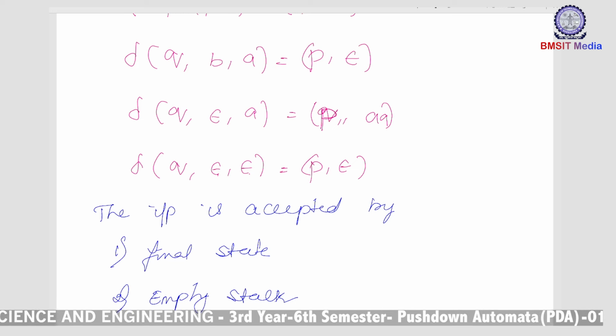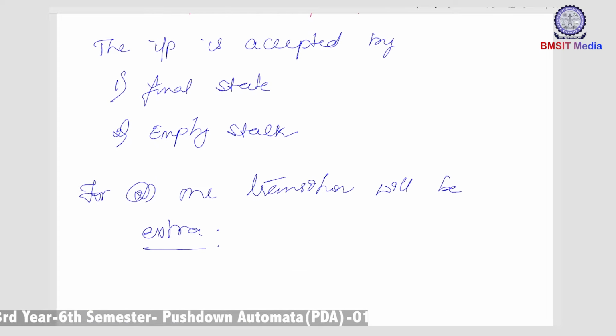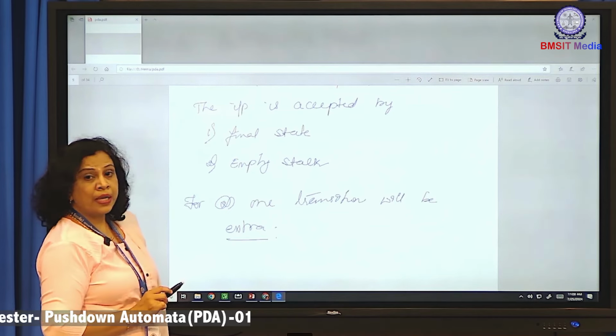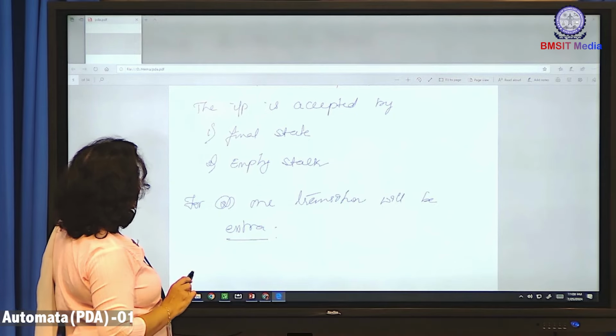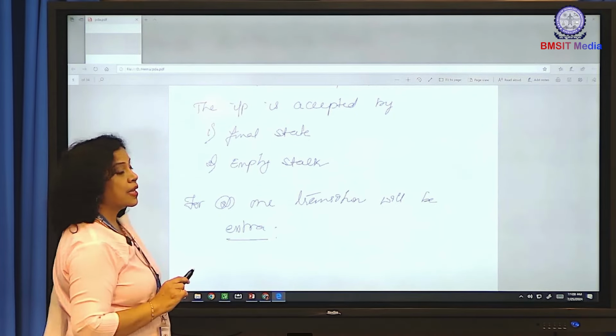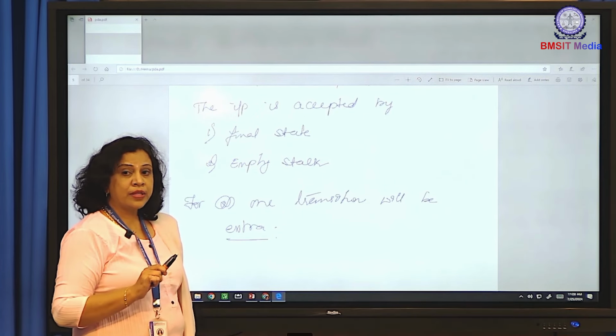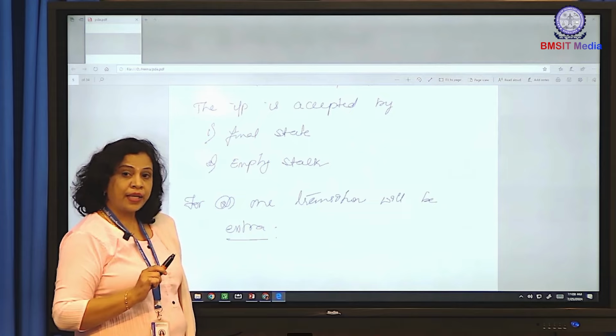There are two things, as I mentioned. The input is accepted by either the final state or the empty stack. If it is accepted by final state, the Z0 in the stack is retained.